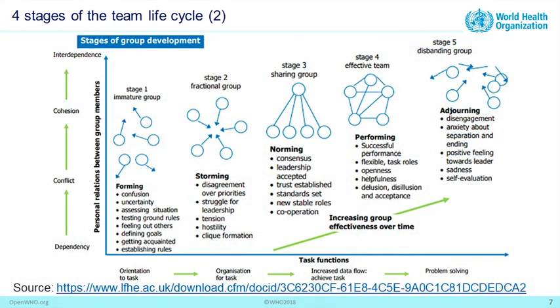Tuckman later added a fifth stage, adjourning, describing what happens when a team disbands. If we are aware of the stages of team development, we can contribute more effectively to moving the team towards the performing stage.